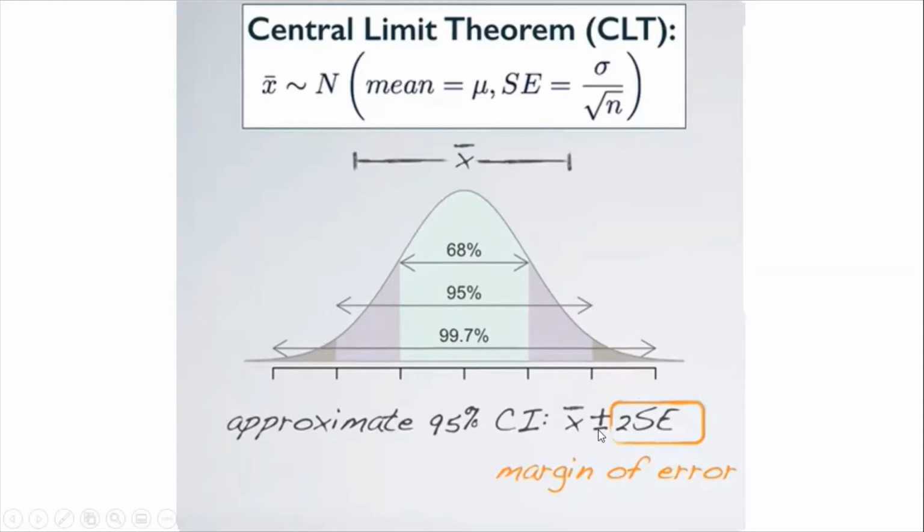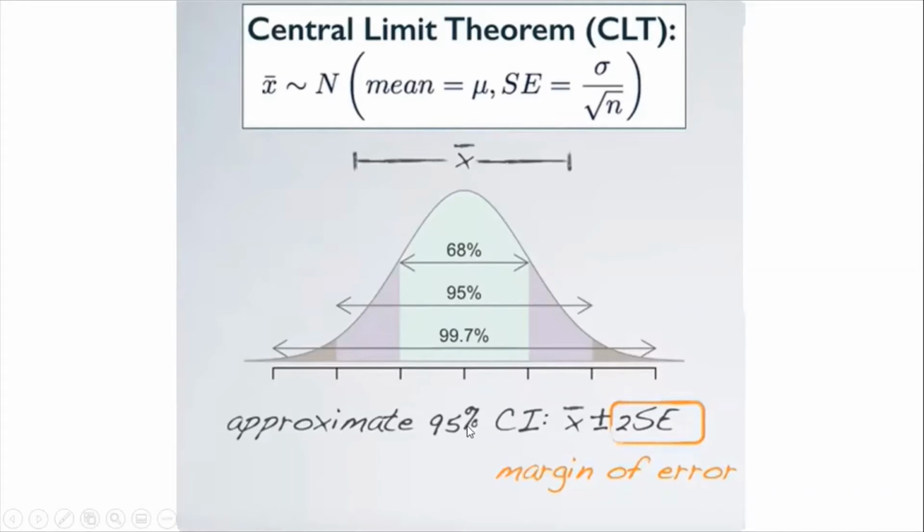It reflects how likely we are to miss the true population value. We want to capture the true population parameter 95% of the time. So the remaining 5% of the time we can miss; it's likely to give an error.